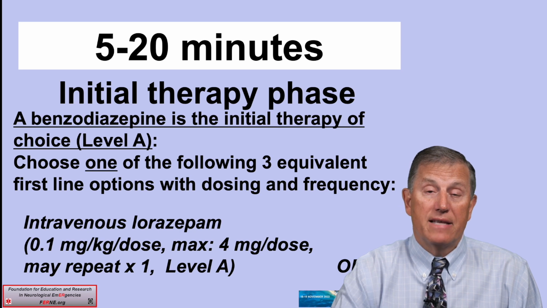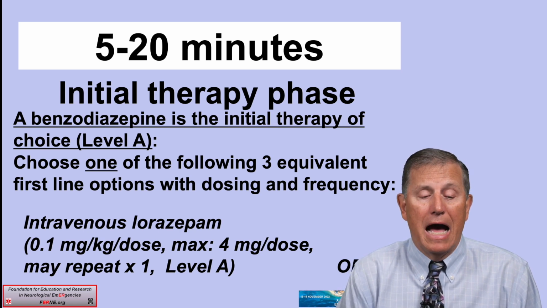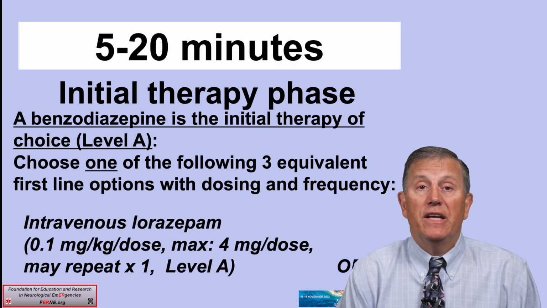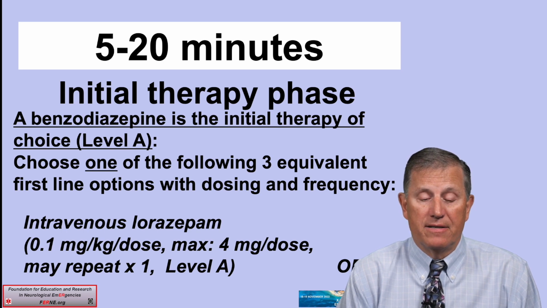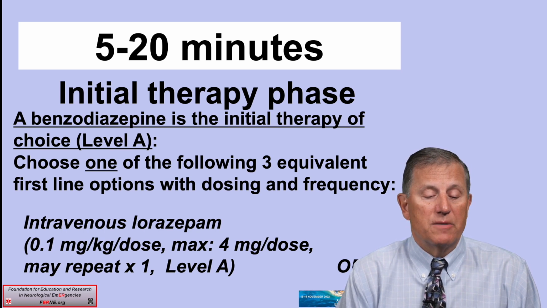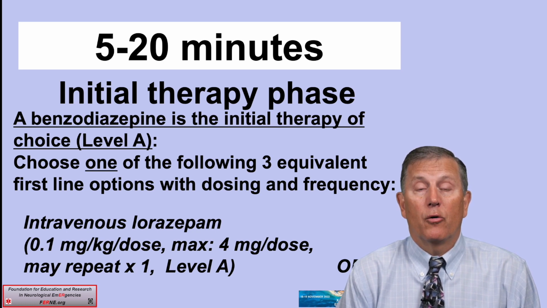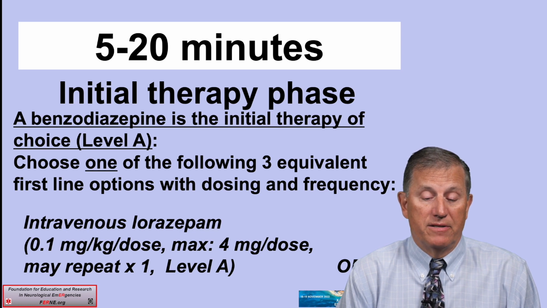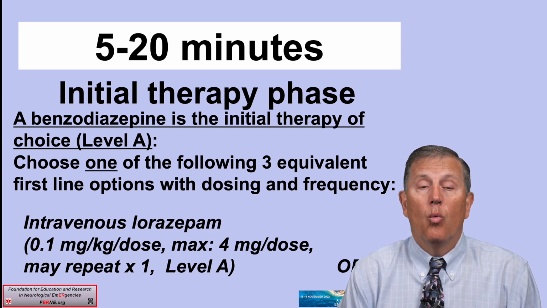A second benzodiazepine option is intravenous lorazepam when IV access is available. The dosing is 0.1 milligram per kilo per dose, a maximum of 4 milligrams per dose, suggesting that the dose could be repeated 1 time.